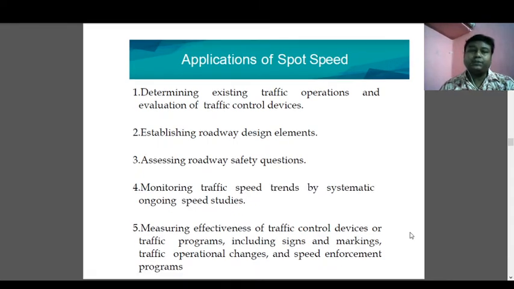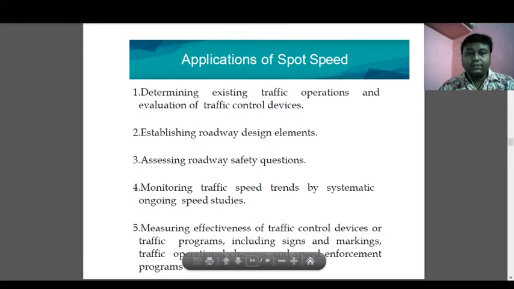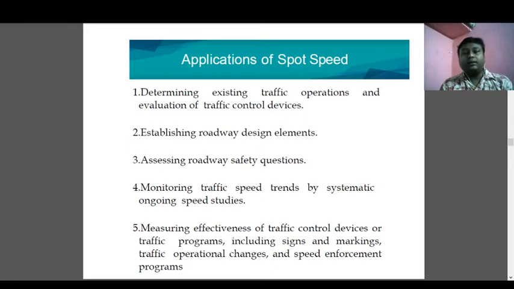Application of spot speed. What are the various types of application? First, determining existing traffic operation and evaluating traffic control devices; then establishing roadway design elements; then assessing roadway safety questions; then monitoring traffic speed trends by systematic ongoing speed studies; and the fifth is measuring the effectiveness of traffic control devices or traffic programs, including signs, markings, traffic operational changes, and speed enforcement programs.